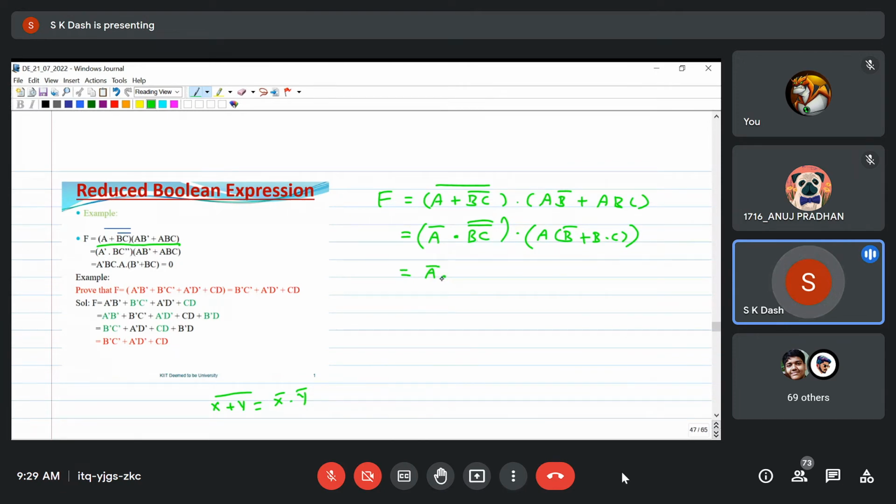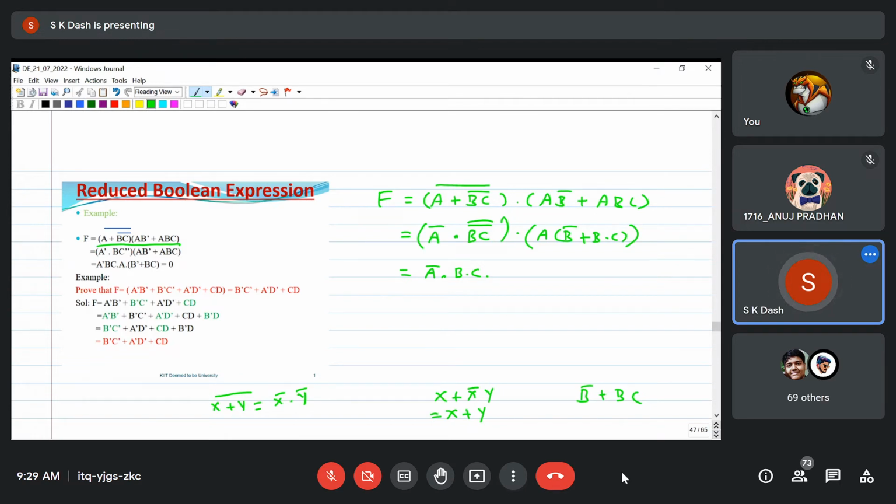This double complement cancels out. Okay. Now, it is in the form of B bar plus BC. So, which rule can we apply? We can apply the same redundant literal rule. It is in the form of x plus x bar dot y, which is equal to x plus y. So, what will happen here?